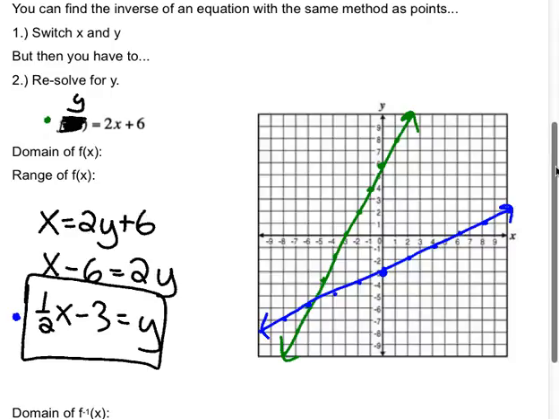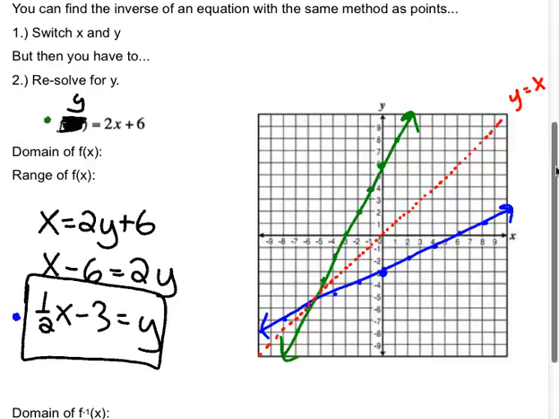And the thing that I want you to notice here is if I draw in that line, y equals x, notice they are perfect mirror images of each other across that line. A perfect image.